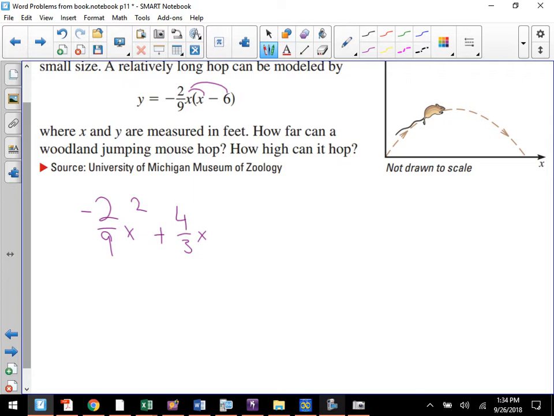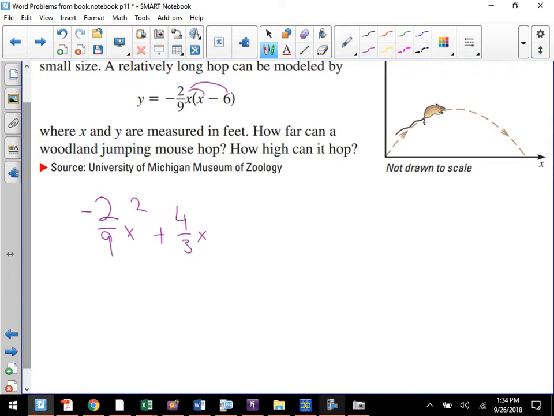0. So when the woodland mouse, relatively small for its size, jumps surprisingly far distances, where is this woodland mouse jumping from? The ground. And then it goes up, and it comes down. Okay?